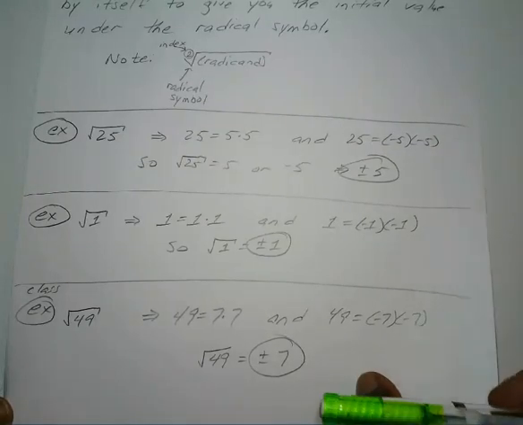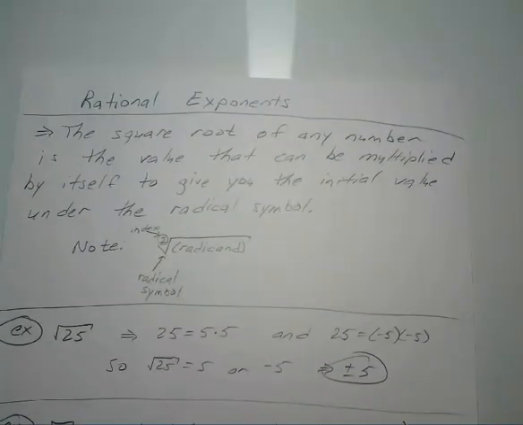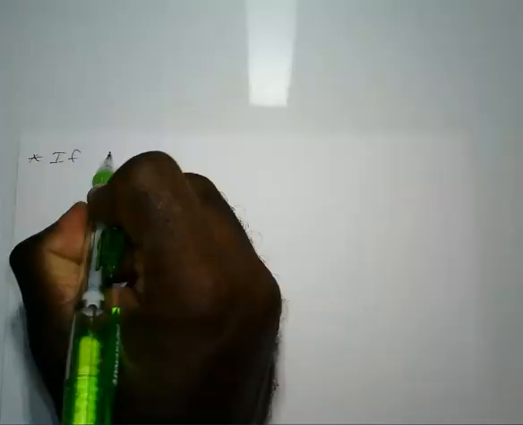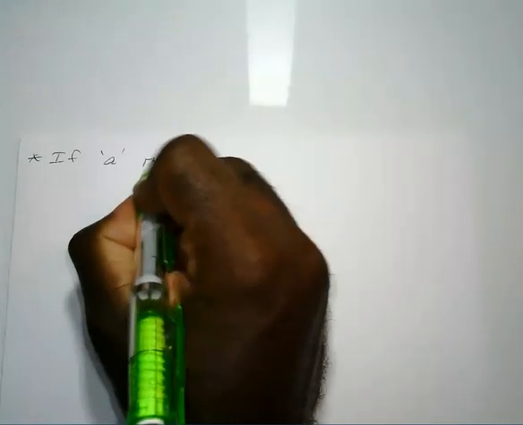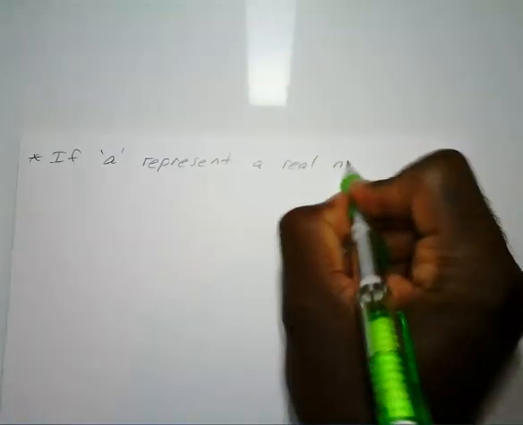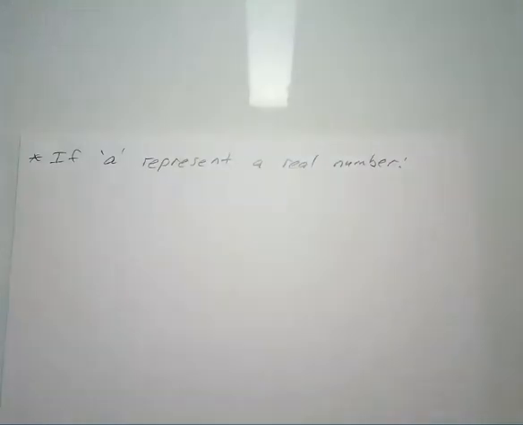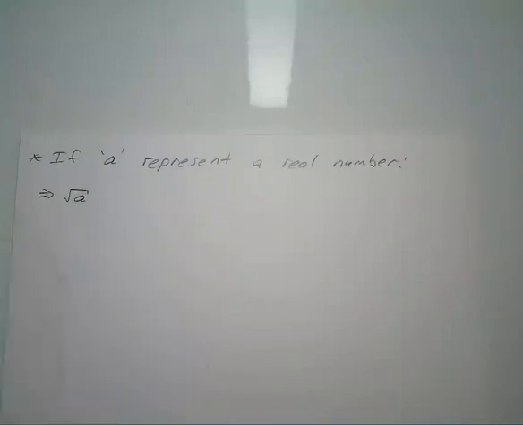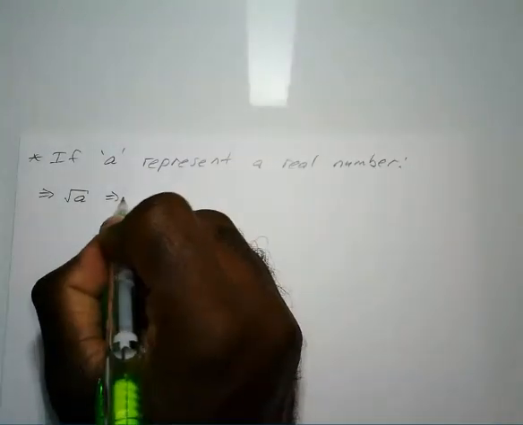Okay, so let's go on to our next portion of the video. Let's say we let the variable a represent a real number. If we have the square root of a, that's what we call a principal square root.